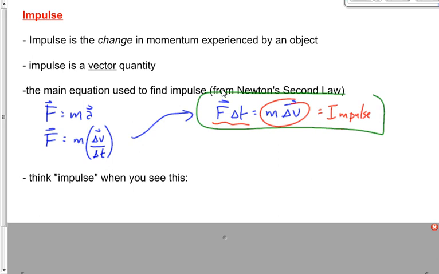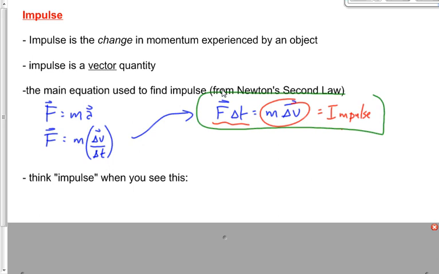It's close, but not exactly. I see F times delta T is equal to M times delta V, but I don't see the word impulse beside it. Nowhere does it actually say the word impulse, nor does it even have the symbol for impulse.